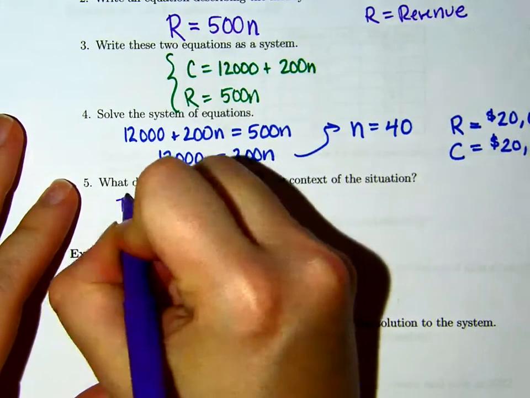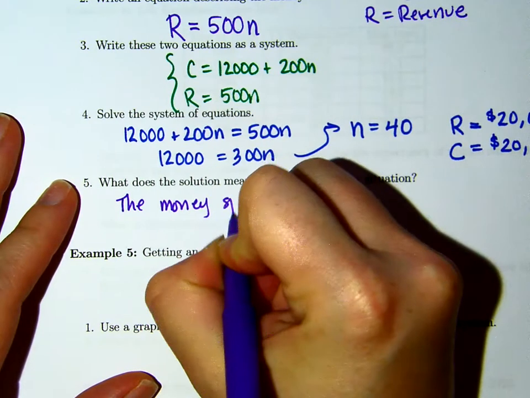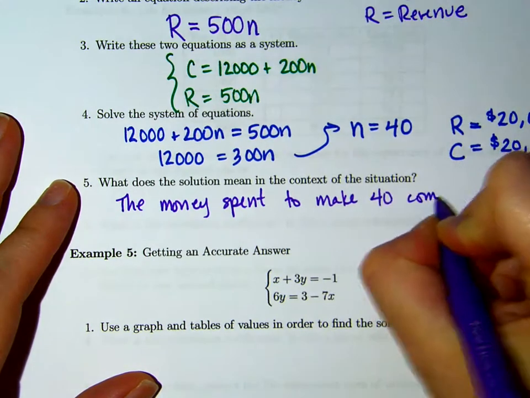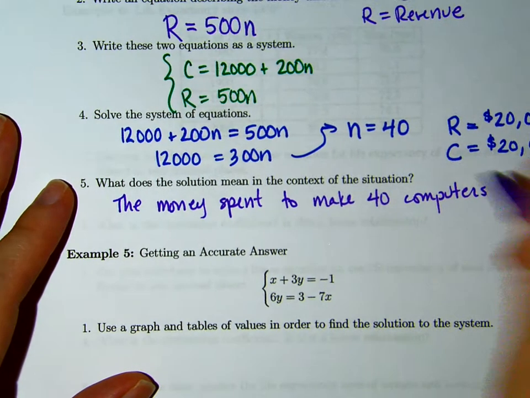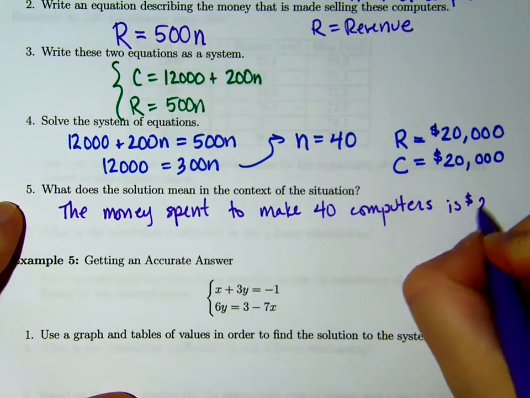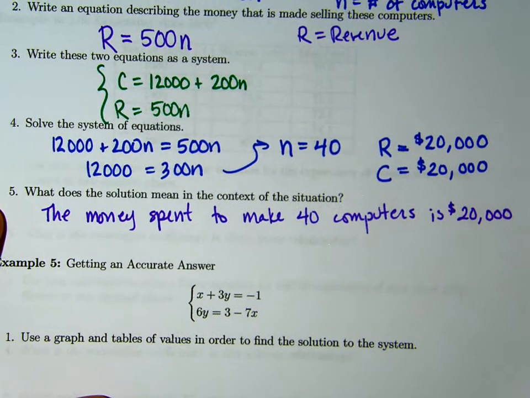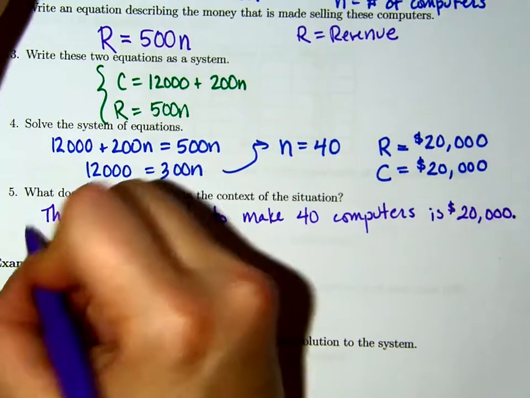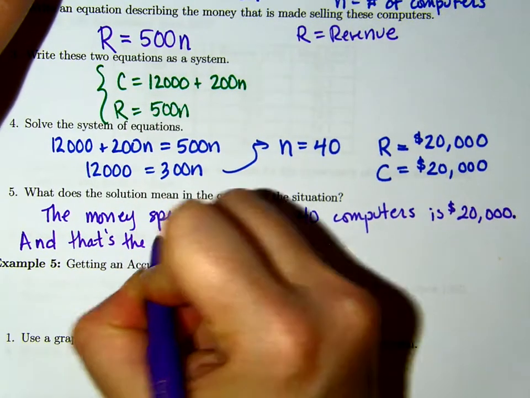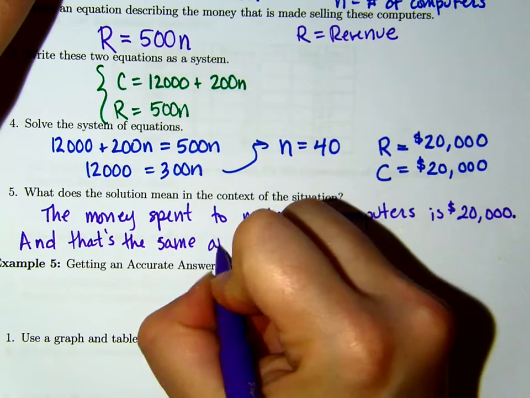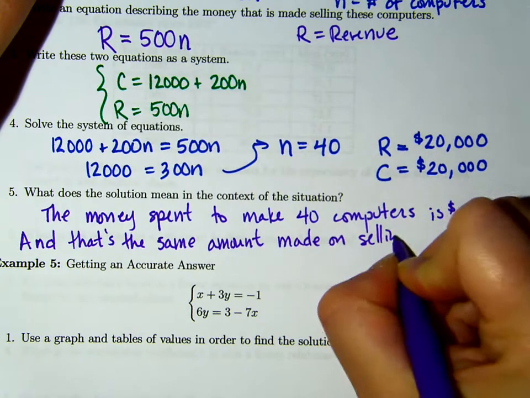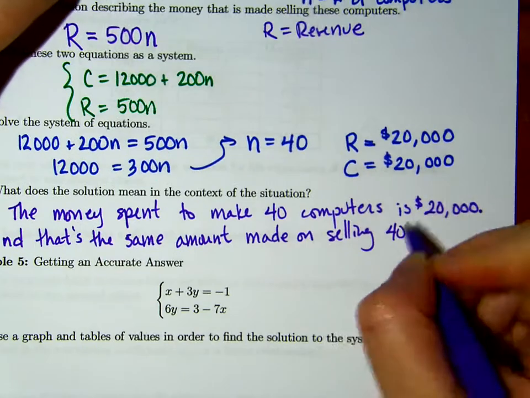Okay, so the money spent to make 40 computers is $20,000, and that's the same amount made on selling 40 computers.